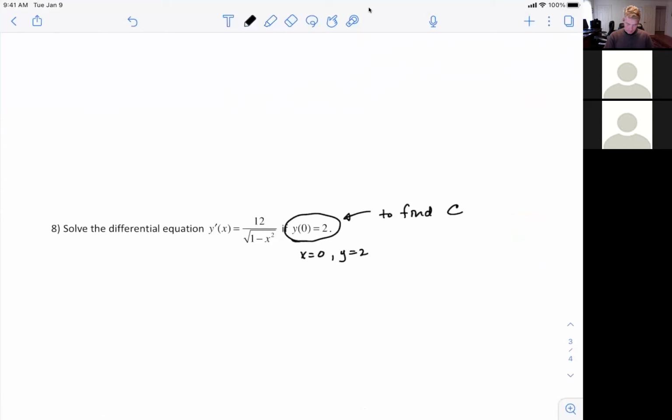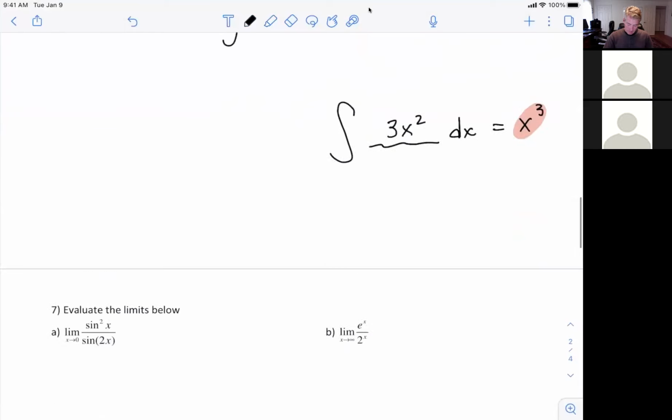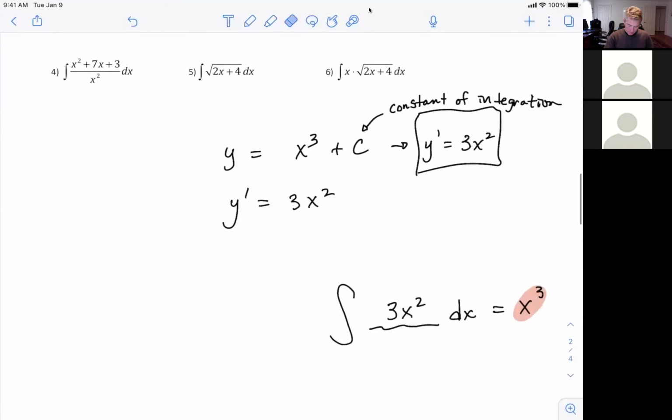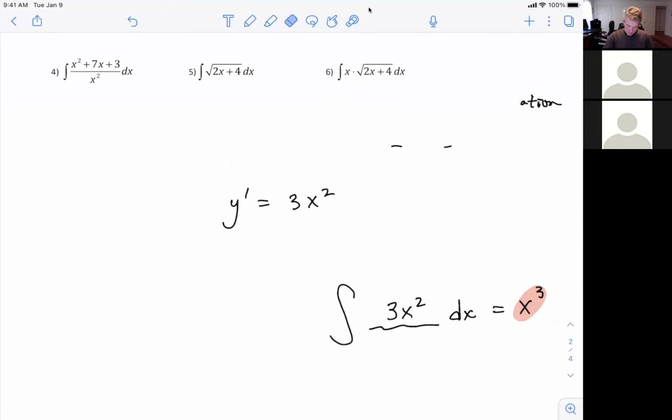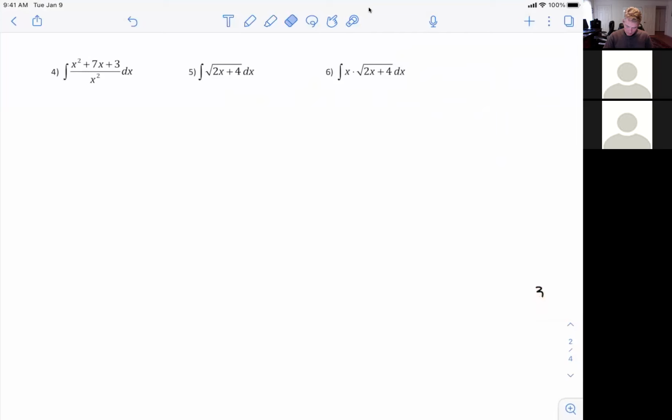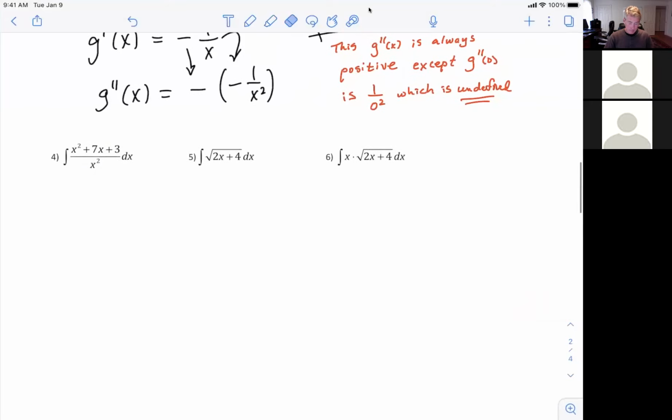Okay, so now with number 4. Well, number 4 is a quotient, and we can't use the quotient rule because that's for taking derivatives.